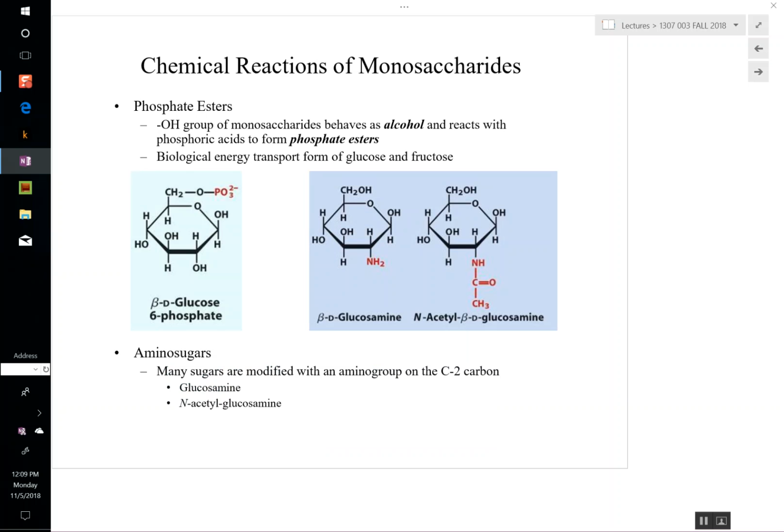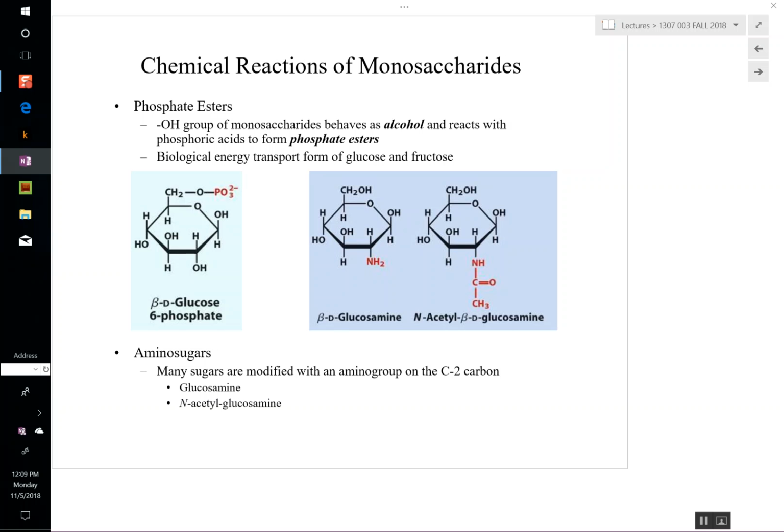Phosphate esters. Here's beta-D-glucose 6-phosphate. So we're attaching a phosphate onto the 6th carbon there. The CH2 is becoming a phosphate ester. Glucosamine.